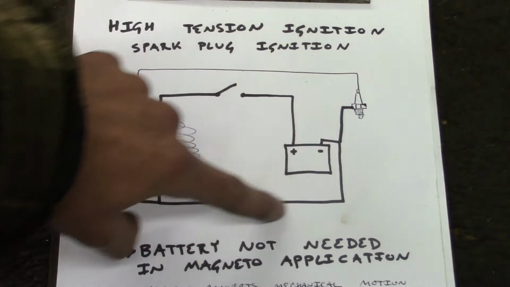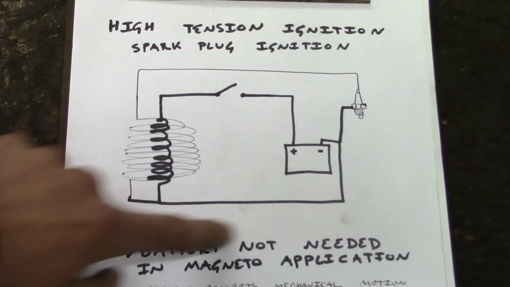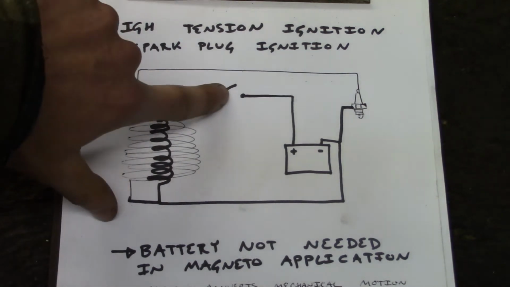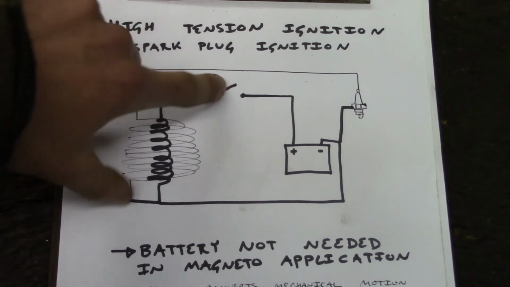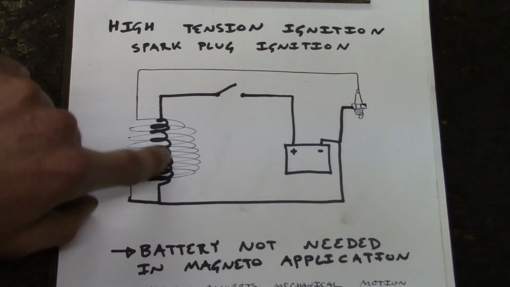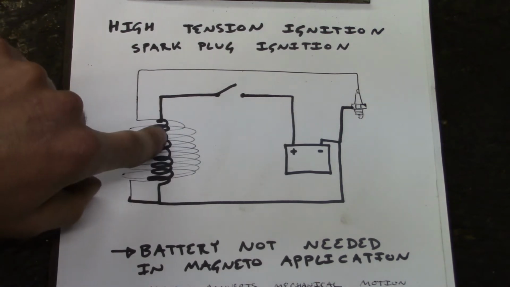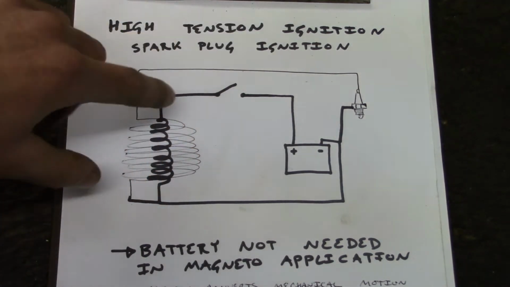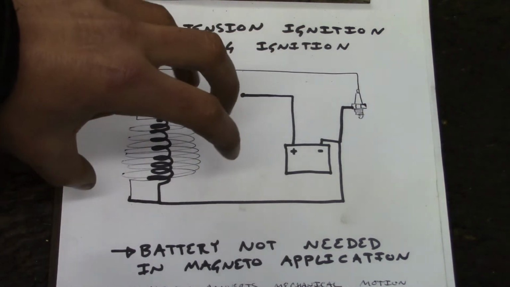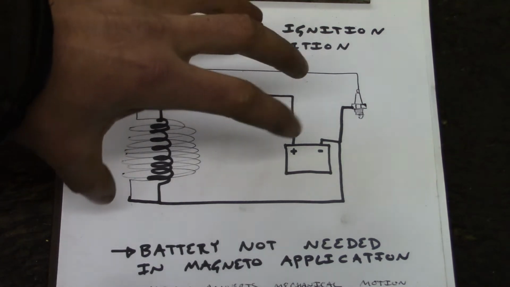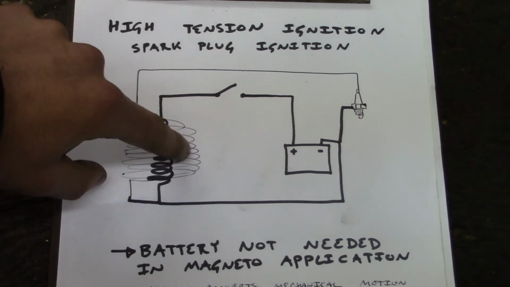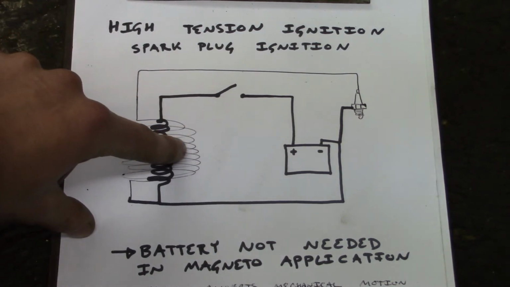So you have your 12 volt or 6 volt in some cases power going through your primary coil, and when the points open, again that creates a collapsing magnetic field. The magnetic field that was present in this primary coil is now collapsing because there's no current flow, and that collapsing field, as it passes through your secondary coil, induces a current in your secondary coil.